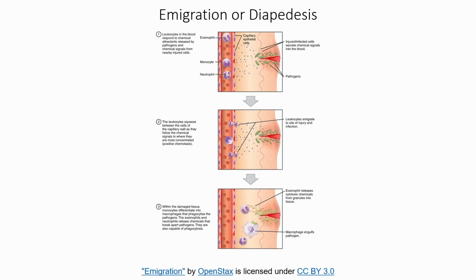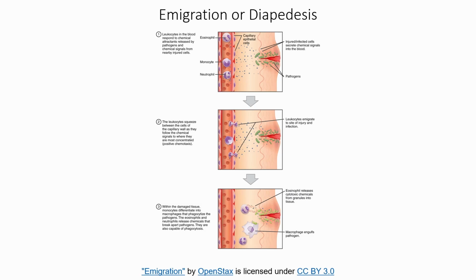So let's go ahead and talk about one of the cool things that white blood cells can do, and that is the fact that they can actually leave the bloodstream, which the other blood cells are not capable of doing. So they can emigrate out of the bloodstream, or go through what's called diapedesis. So the leukocytes in the blood, there's going to be some sort of chemical signal.